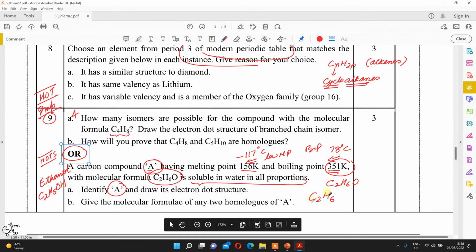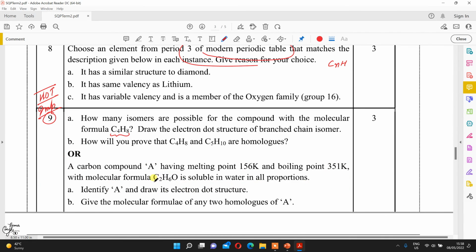If I remove one hydrogen and substitute it with functional group OH, what will I get? C2, I've removed one hydrogen, C2H5, and I've substituted it with OH. This is the functional group. You can also write it like C2, H total 5 plus 1, 6 and O. Alright, so this is alcohol, that is ethanol.